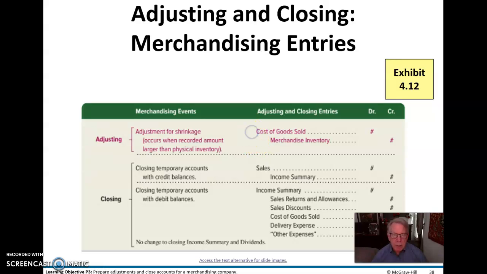We'll go in and debit cost of goods sold and credit merchandise inventory. But our closing accounts, we went through that a few seconds ago. That summarizes our closing entries. There's no change in closing income summary and dividends then.